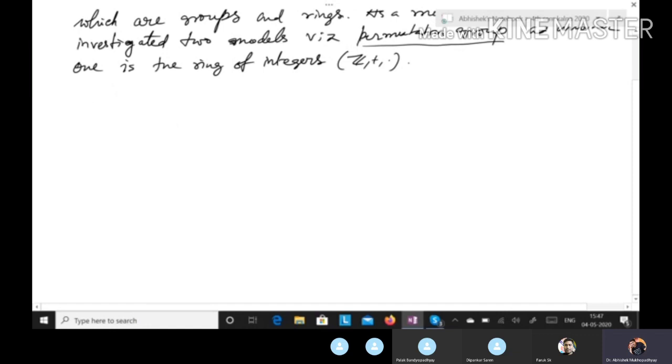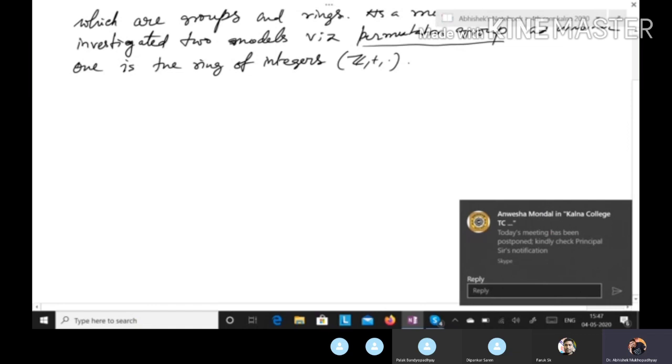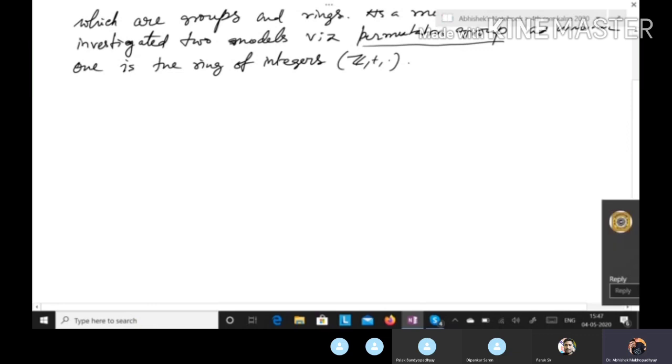Now I have already told you that in our space we take any point and then we can multiply it with some scalar. That is, suppose you have a point (1, 2, 3) in the space R^3, or you have (1, 2) in the plane, then you can multiply by any real number.